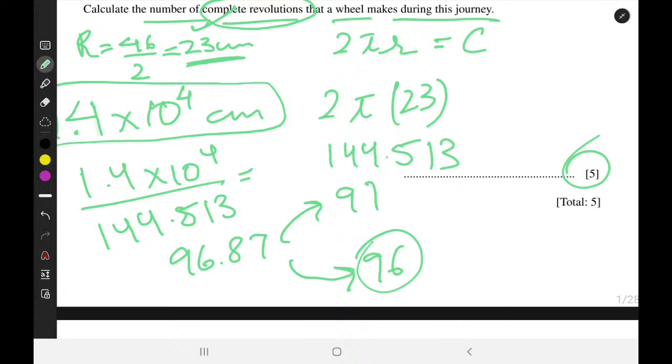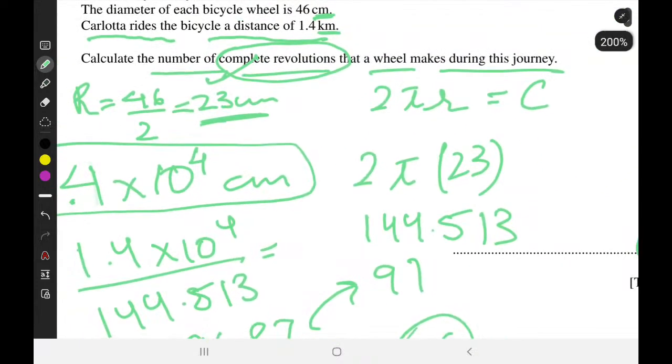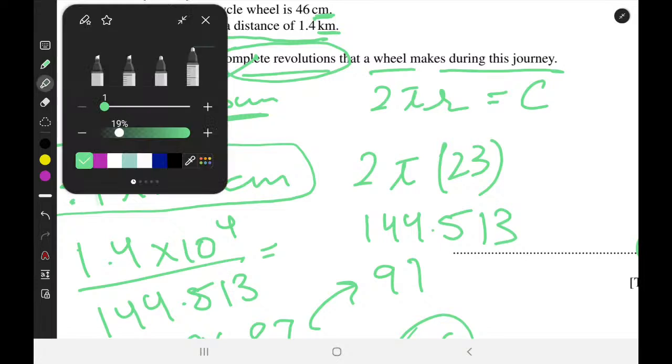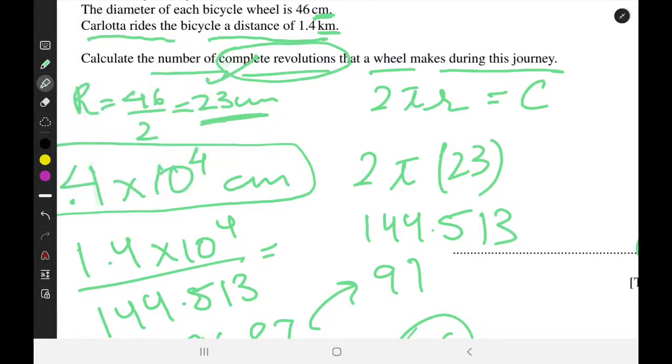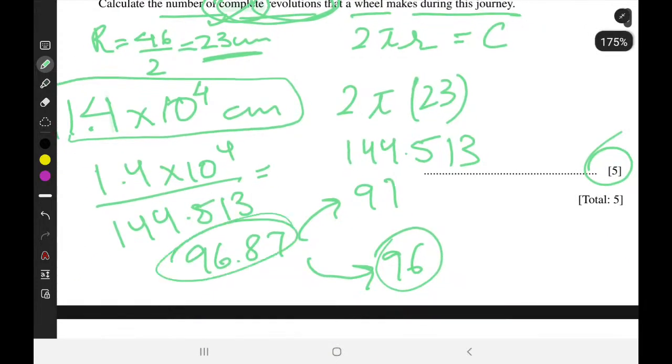I cannot say it did 97 revolutions instead of 96, because that's going to be a big mistake. I can cut out the value but I cannot add something to it. So even if he did not specify the word complete, we would also round down this value. That's a very important concept for us. So 96 revolutions. All right.